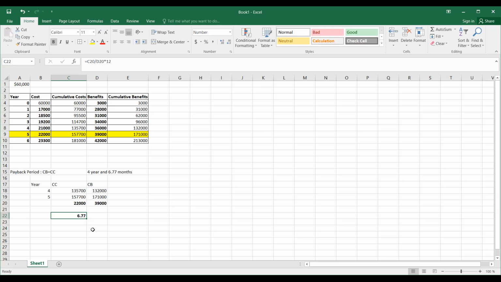Those would be the ongoing costs for that number of years. And the benefits is the amount that you earn on a yearly basis. So you add that up and find out your total cumulative cost and total cumulative benefits. Based on that, you will figure out what your payback period is.